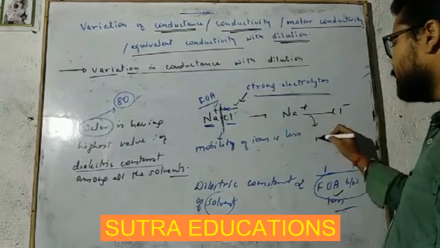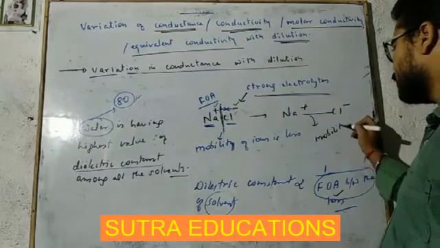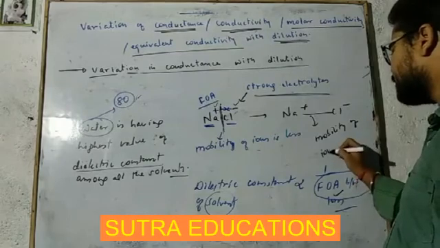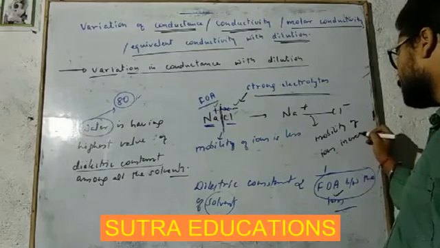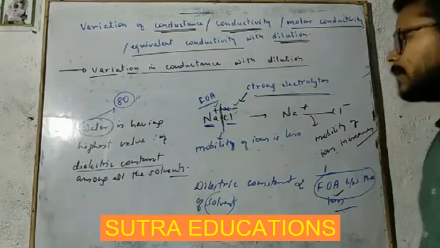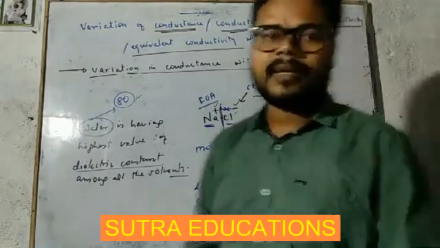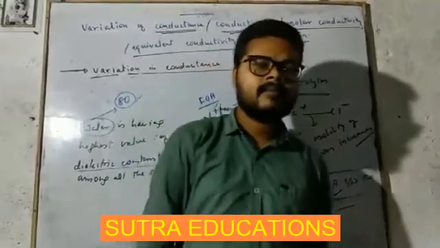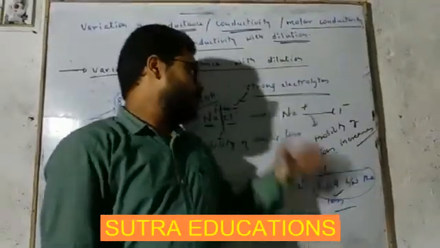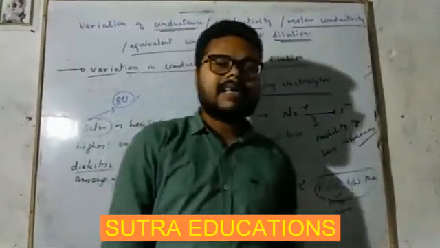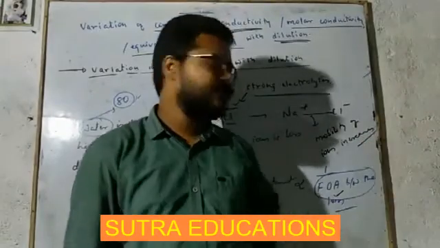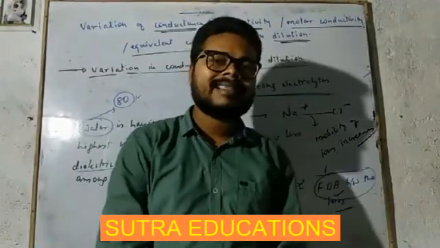Meaning the mobility of ions increases. So as the mobility of ions increases, ions can now move more freely as compared to the previous case. Meaning on dilution of strong electrolytes, the ions can move freely, so conductance increases.